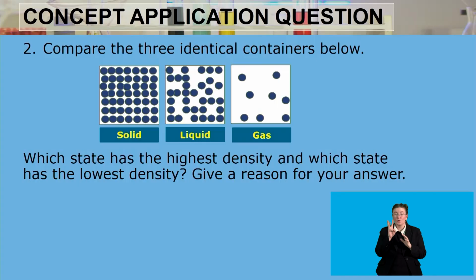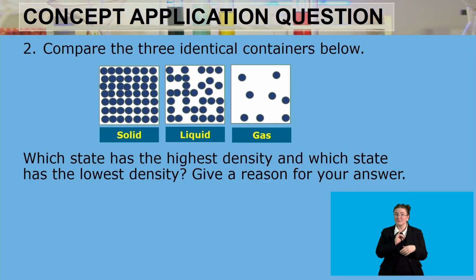With water, the density is slightly different from what we are saying right now. In this case, the solids are going to be denser than the liquids and gases. But when talking about water, it's quite the opposite: the liquid is going to be denser than the ice, the solid part of the water. So in this case, we're not talking about water, we're just talking about solids, liquids, and gases in general.